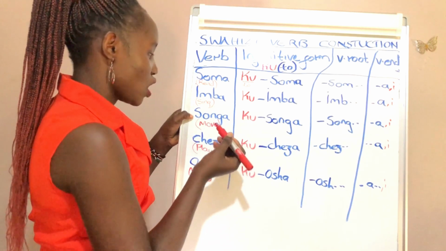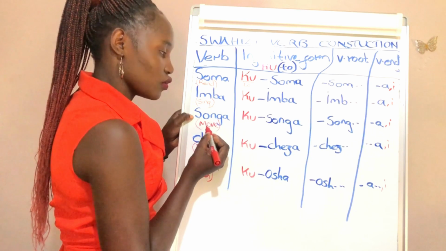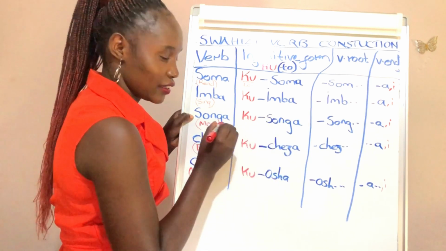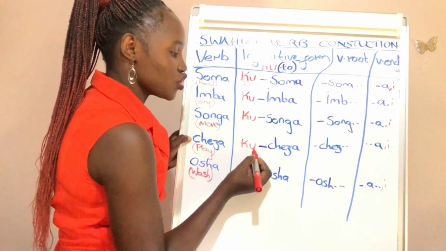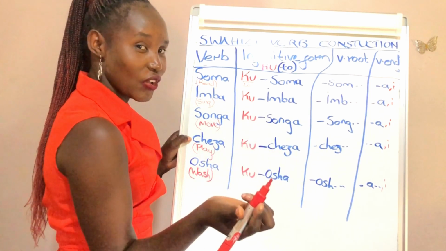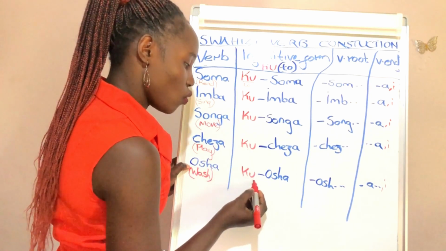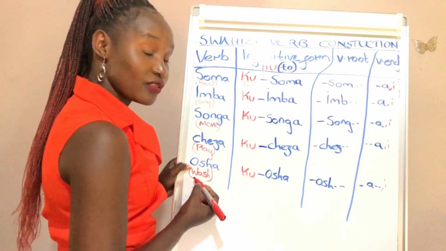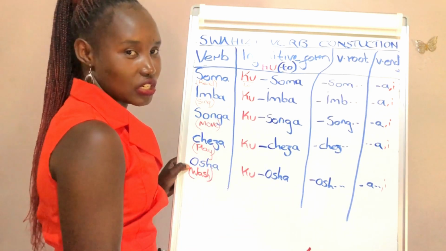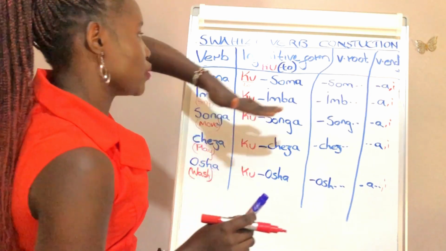Then we have kusonga, to mean to move. And then kucheza for to play. Well done. Then we have kuosha, to mean to wash. Simple as that.